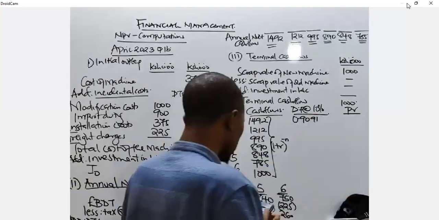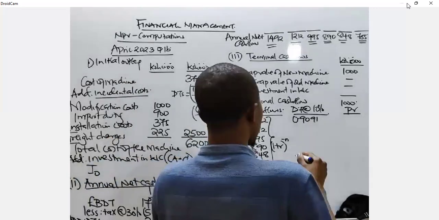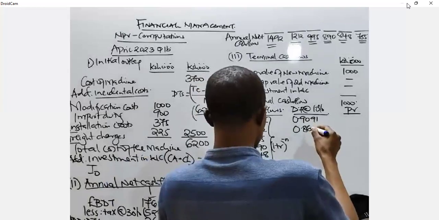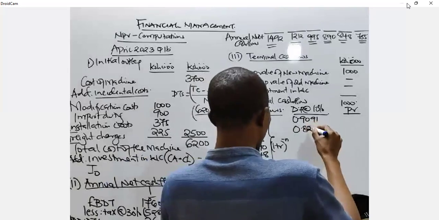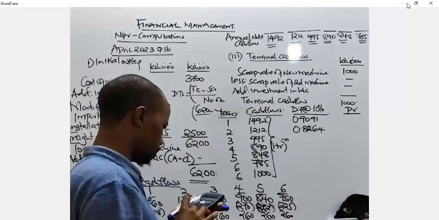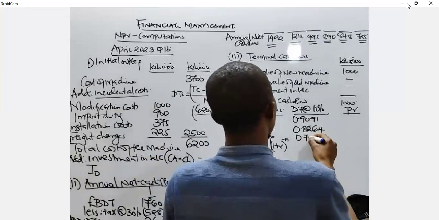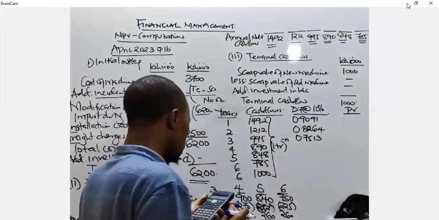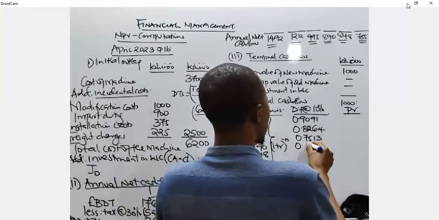Getting 0.9091. We go to the second one. Getting 0.8264. We go to the third one, 0.7513. Number 4, we are going to be getting 0.6830.